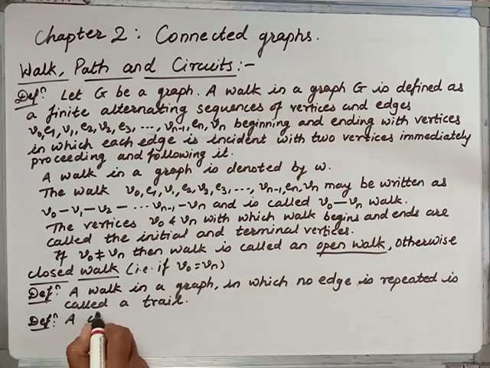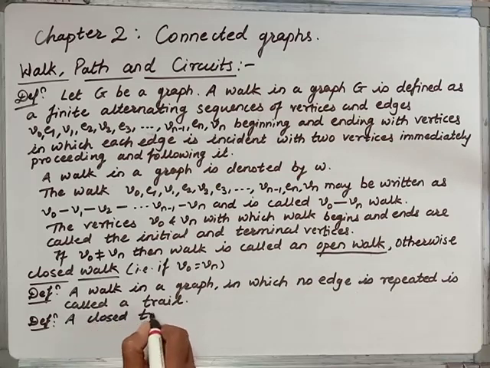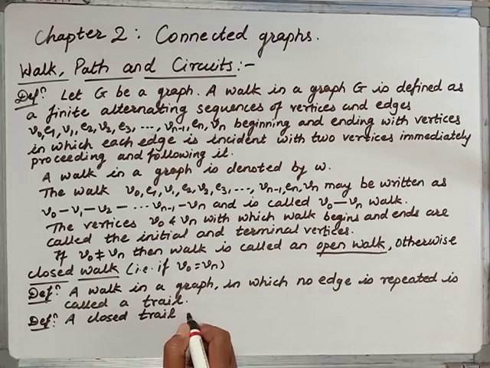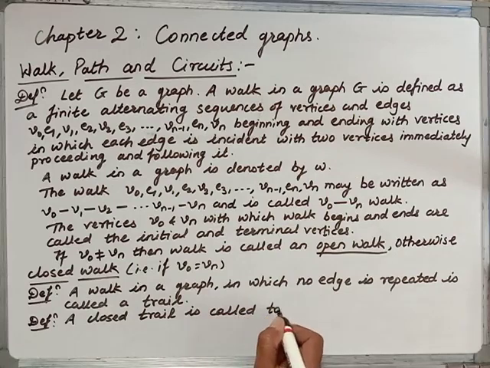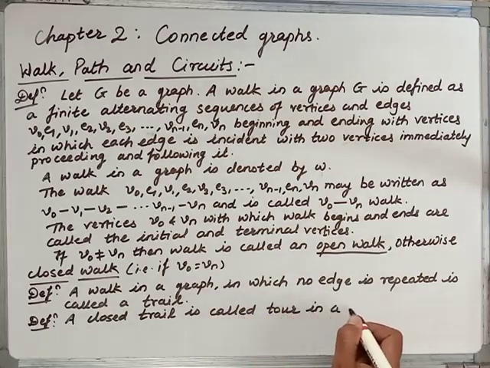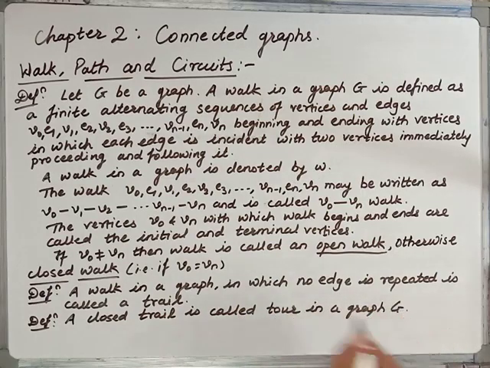A closed walk, or the closed trail, is called a tour in a graph G. One more definition.